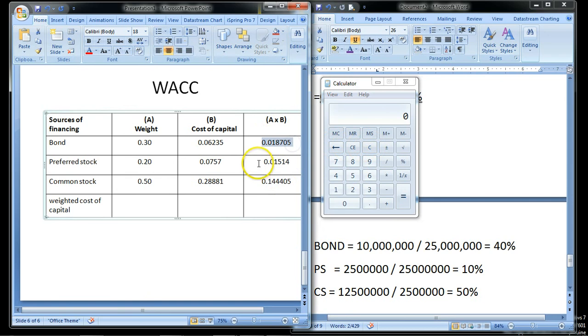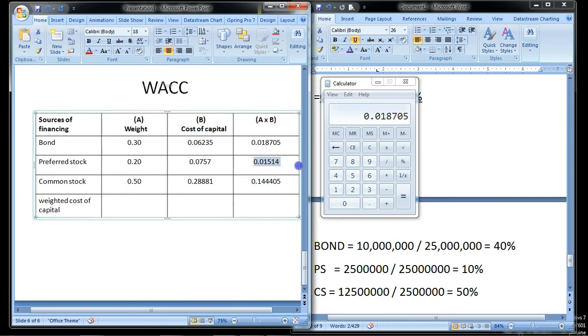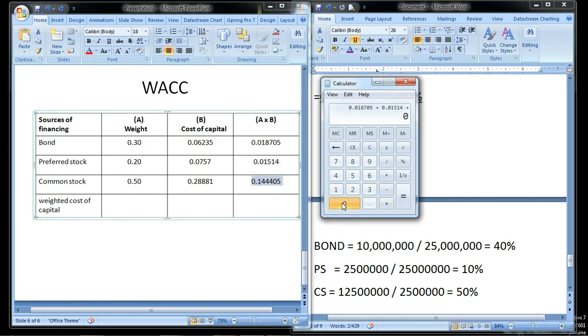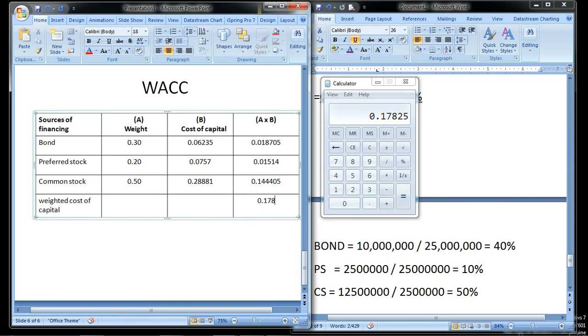So 0.018705 will plus with 0.01514 plus with this common stock 0.144405 equals to, then you get your answer, 0.17825.